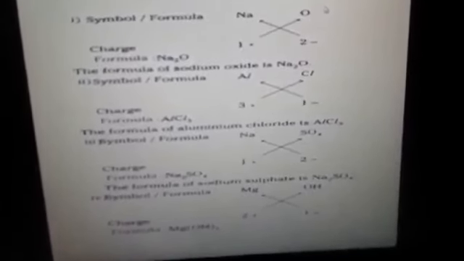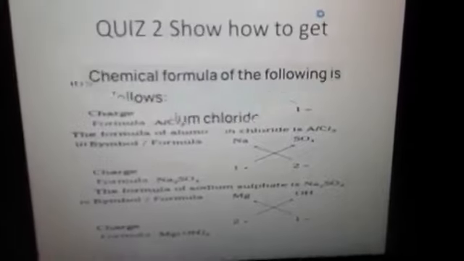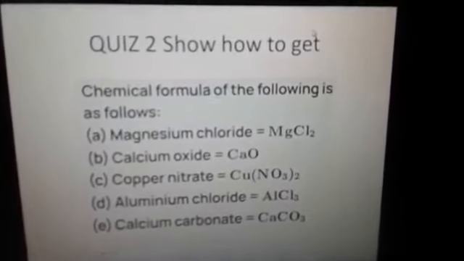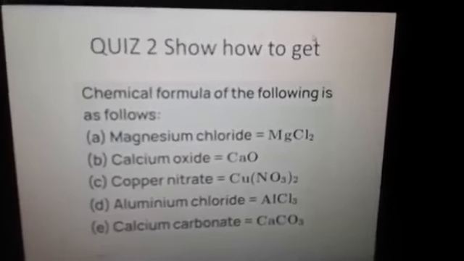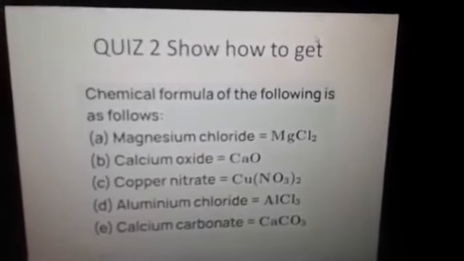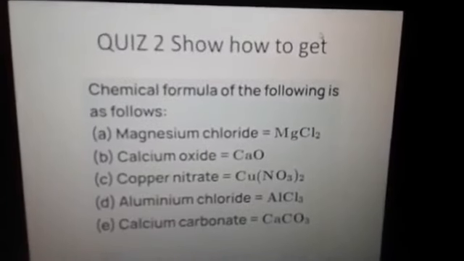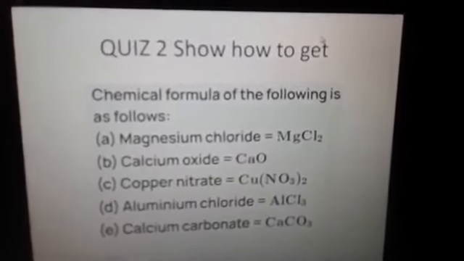The 2 goes on the sodium and 1 on the oxide. And then you can try it on sodium sulfate. There you shall have to put 2 on the sodium, and then the sulfate does not need it, it has a 1. Then magnesium hydroxide, as we said, a 2 will go on the hydroxide.